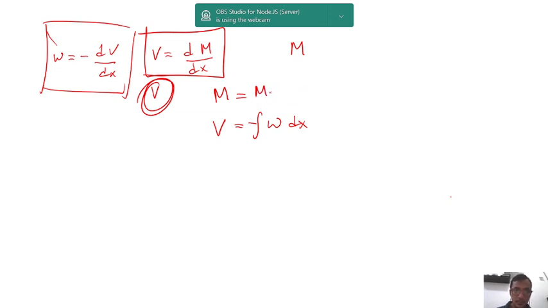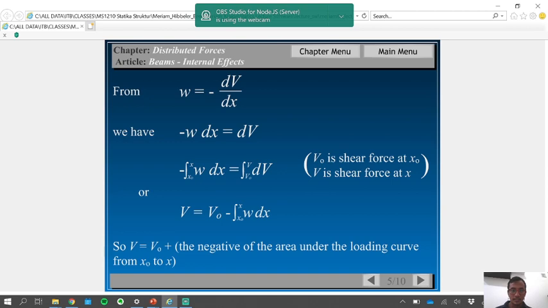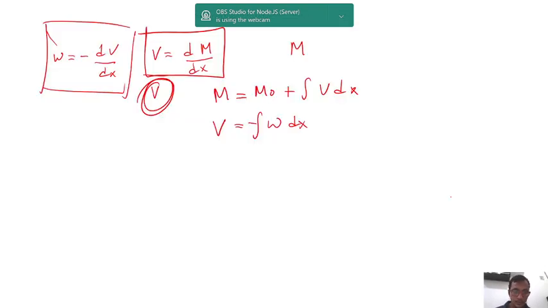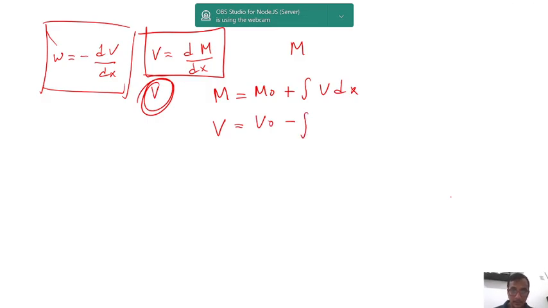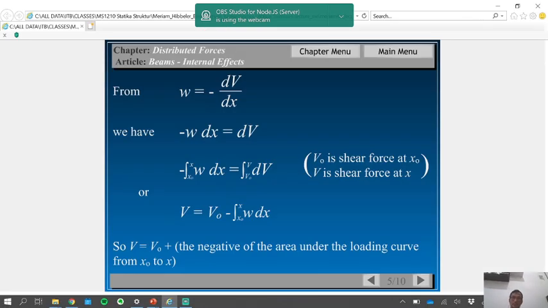This one is supposed to be M naught plus the integral of V dx. And this one is supposed to be V naught minus the integral of W dx from x naught to x1. This is it. So this is the final equation.